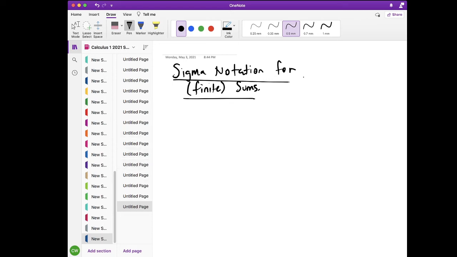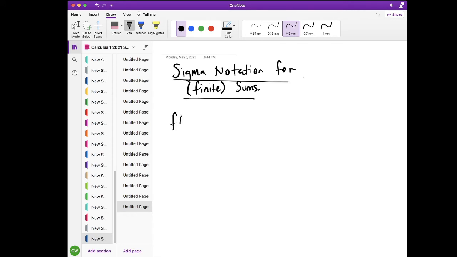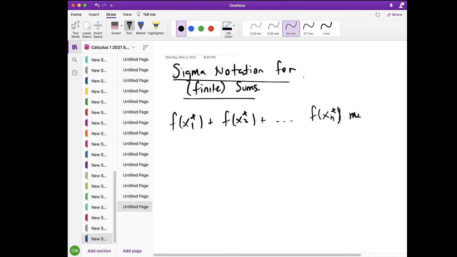Okay, so let's look at that previous long sum. We had f of x1 star plus f of x2 star plus f of xn star. So this is kind of messy. But notice there's a lot of things that are the same on all these terms, right? What's the only thing that's changing within all these terms? It's these little subscripts.